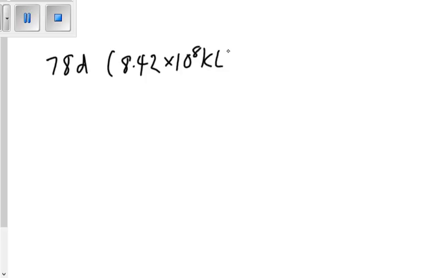All right, and now for dividing. So 78D, we're dividing 8.42 times 10 to the 8th kiloliter, and we're going to divide it by 4.21 times 10 to the 3rd kiloliter.